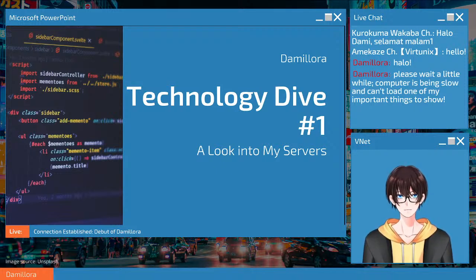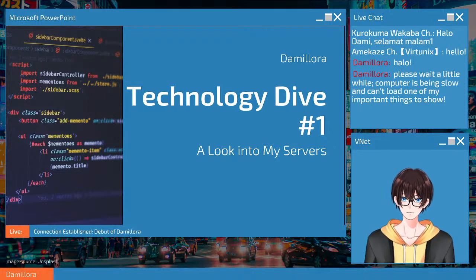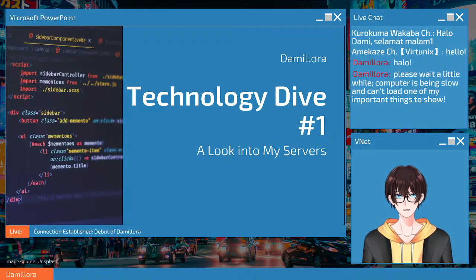So, to make things short, let's just dive right into the meat of the details.